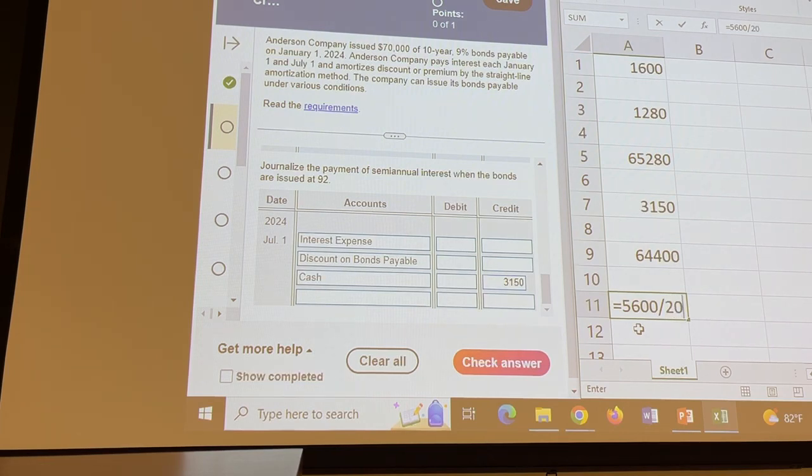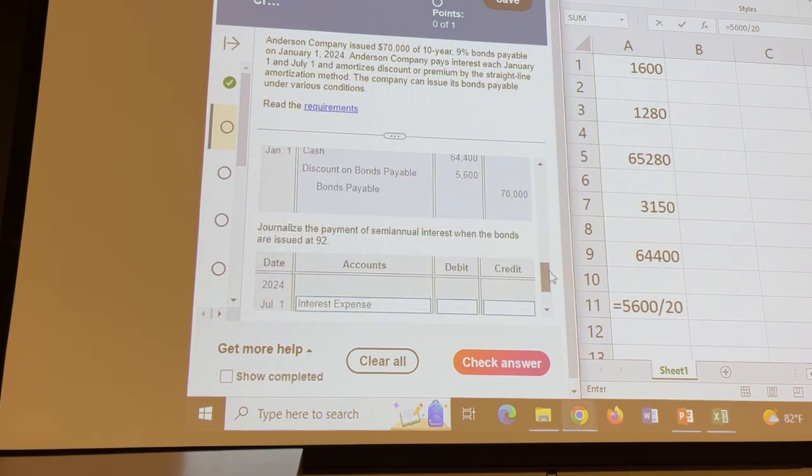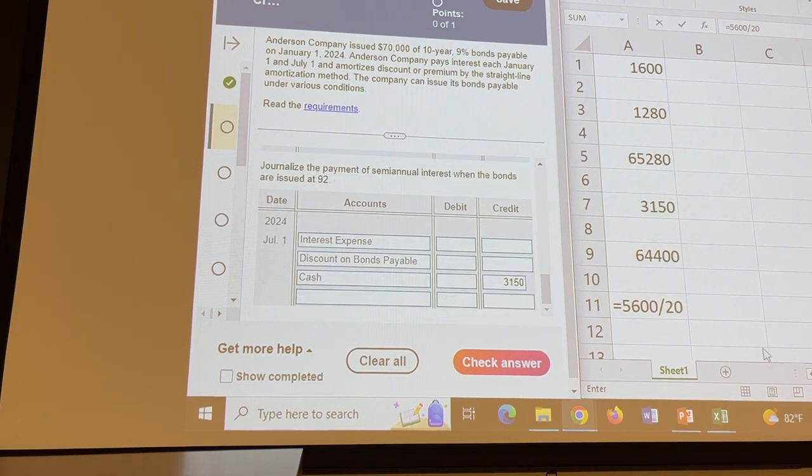So we divide 5,600 by 20 6-month periods. And so for each period, we're going to want to amortize $280 of the discount. So that's another credit. So we'll fill that in.